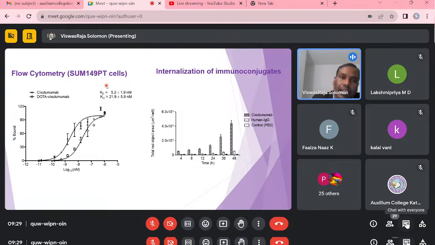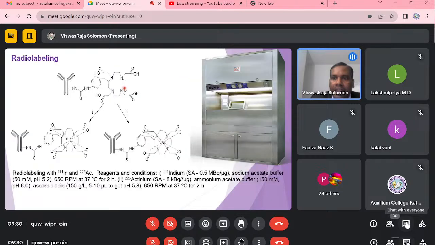As I said, these proteins are able to internalize into cancer cells. Again, we checked that this protein is able to internalize into the cancer cells. We decided to go to the radiolabeling. In radiolabeling, A and B react to get C based on the molar ratio.